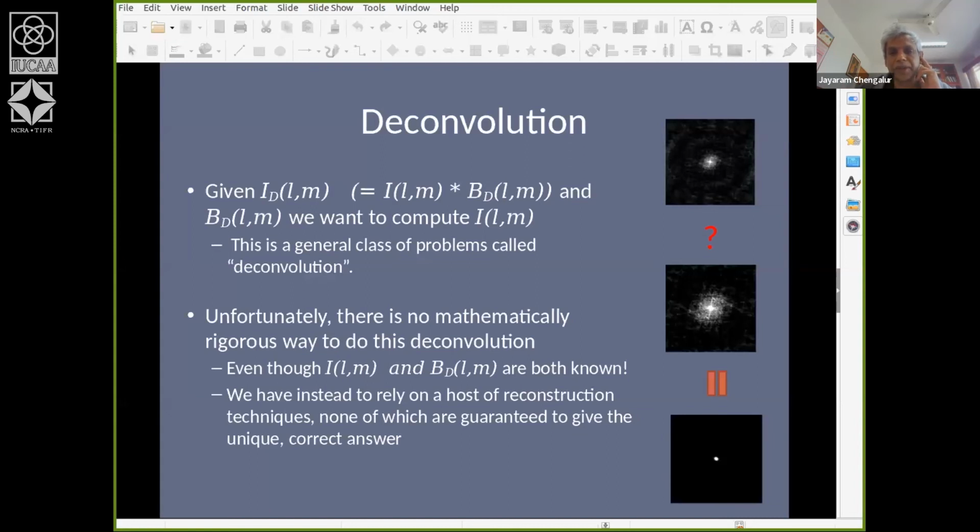So you want to do some operation on these. I've shown you the dirty beam on the top. In the middle, I've shown you the dirty image, that is the true sky convolved with the dirty beam. And I want to do something to these two images to get back the true sky. And that something that people do is called deconvolution. I don't have the time to get into deconvolution algorithms, except to say that there are classical algorithms which are widely tested and well used, but it remains a topic of active research.